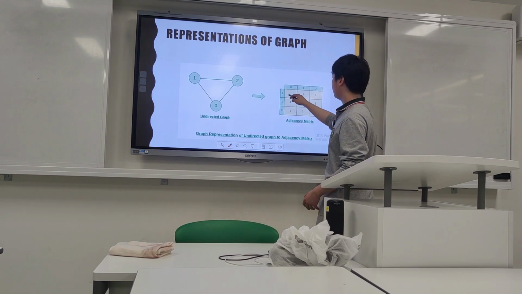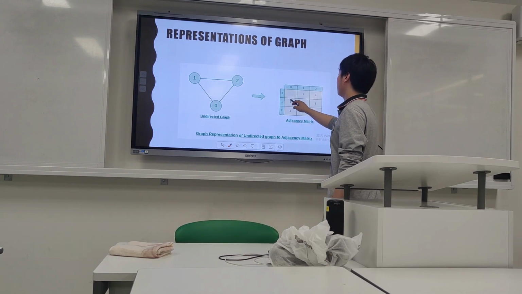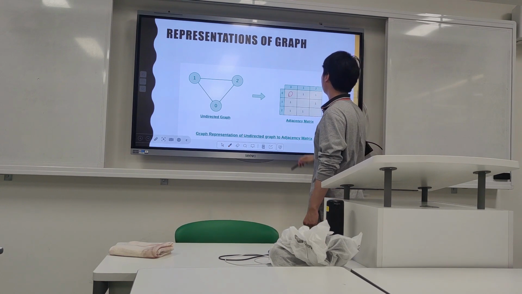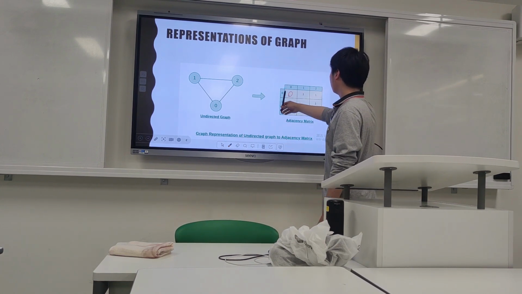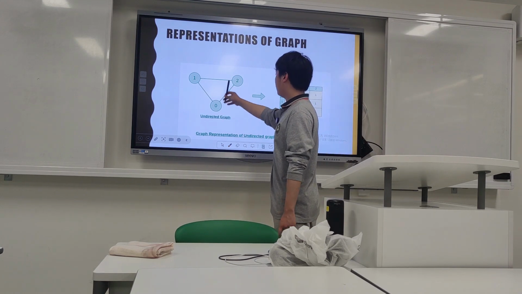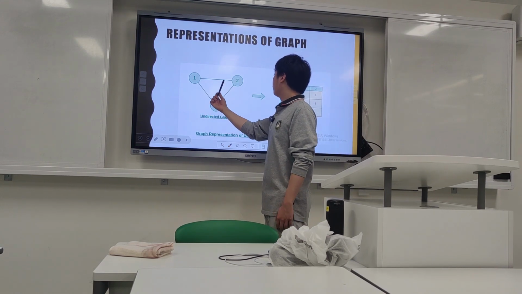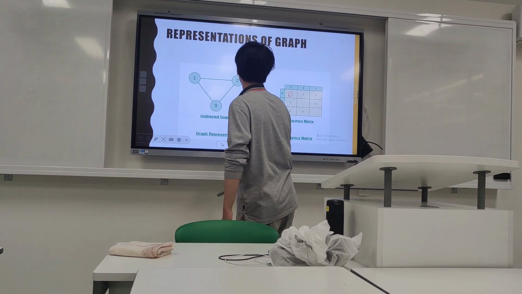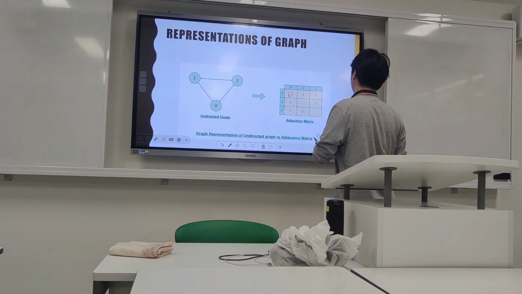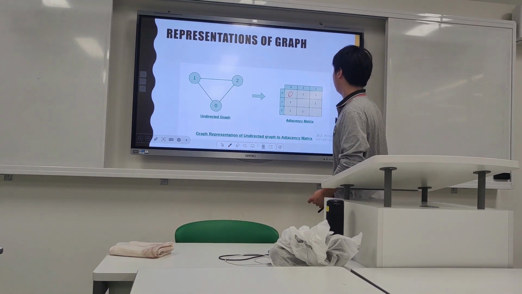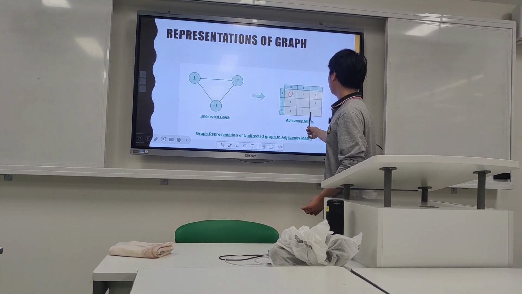For example, 0 cannot be connected to itself, so it will be 0 here. Then we'll check the relationship between 0 and 1. We see that there is an edge between 0 and 1. So to show this relationship, we set adjacency matrix[0][1] to 1.